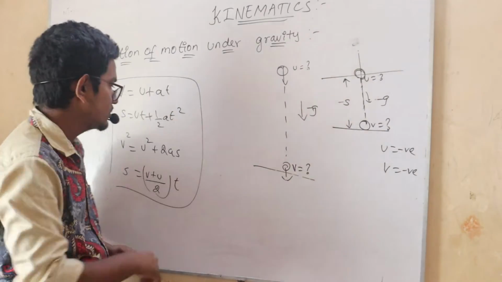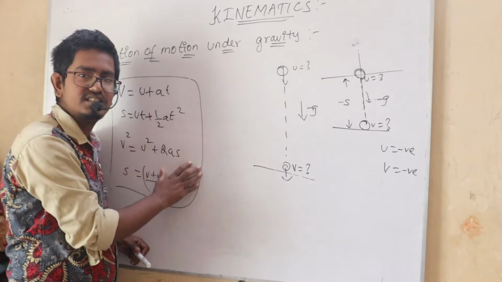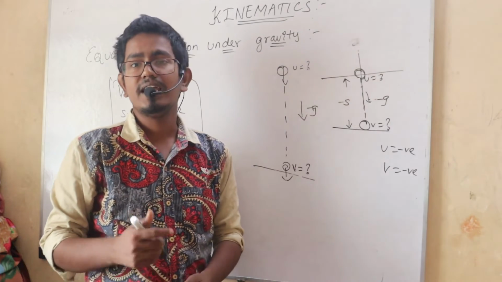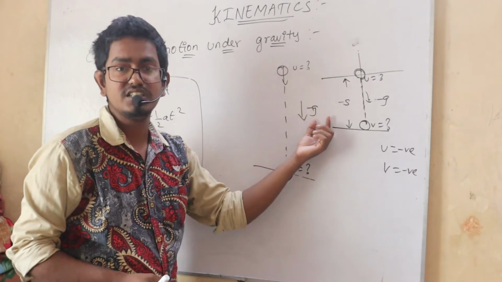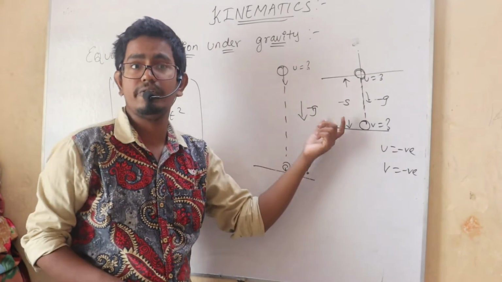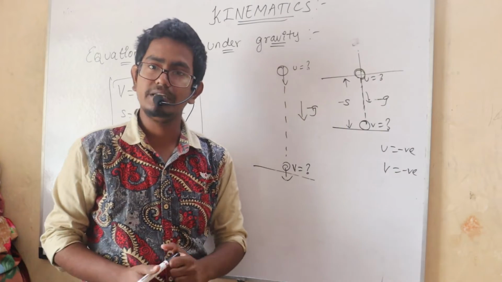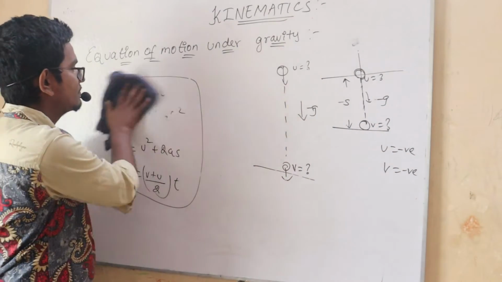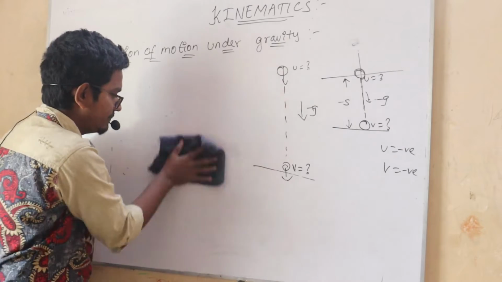I am going to use these 4 equations in this lecture, as my acceleration is g, 9.8 meter per second squared. So I am going to derive them here.